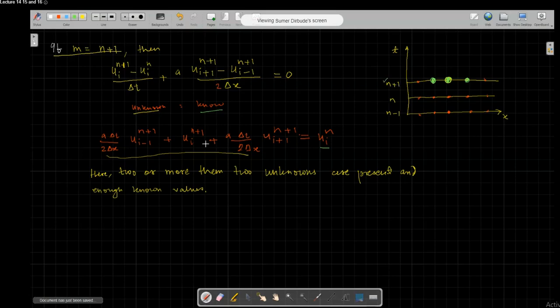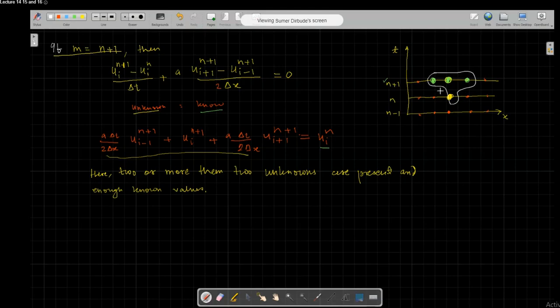And U i, the nth term, is this one, blue, yellow. Now, what do you see here? Our stencil has now become reversed, isn't it?